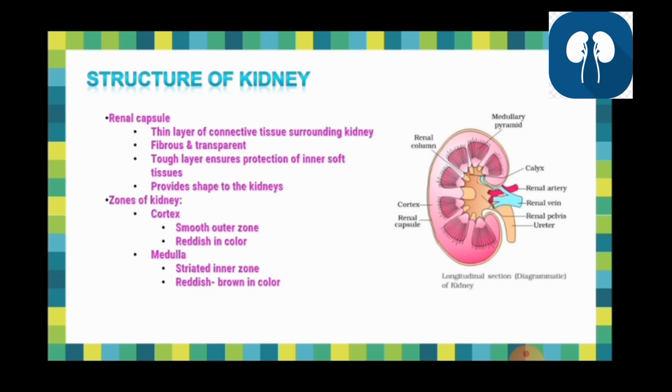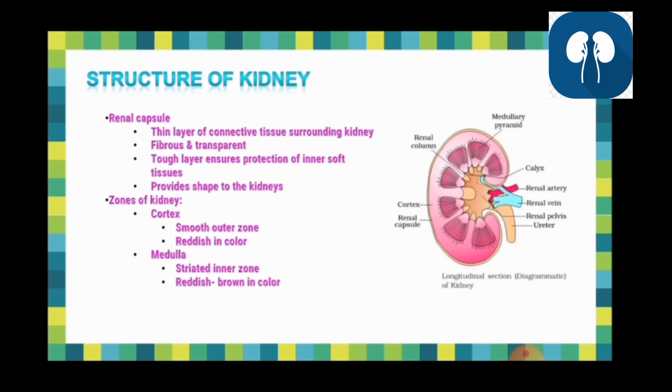Another important thing which I want to discuss with you is the zones of the kidney. Inside the kidney there are 2 zones, an outer cortex and an inner medulla. The cortex is the smooth outer zone which is reddish in color, and the medulla is a striated inner zone which is reddish brown in color.